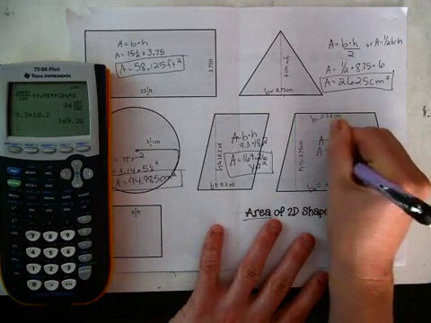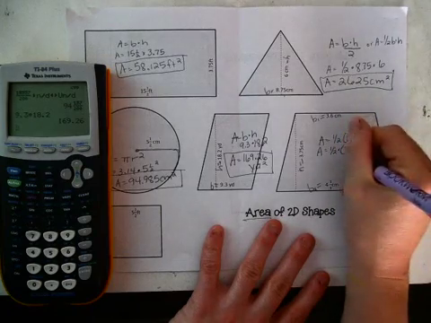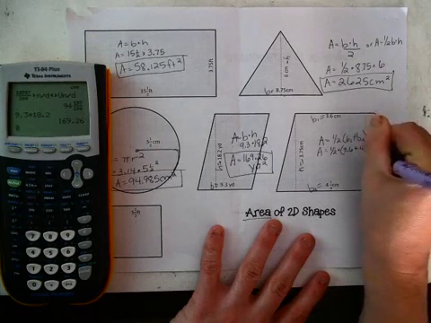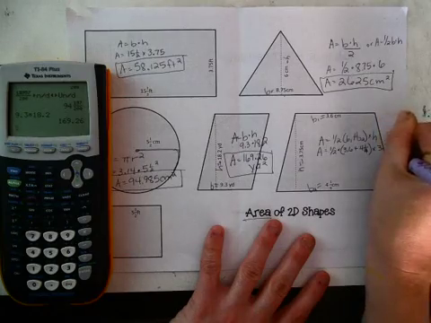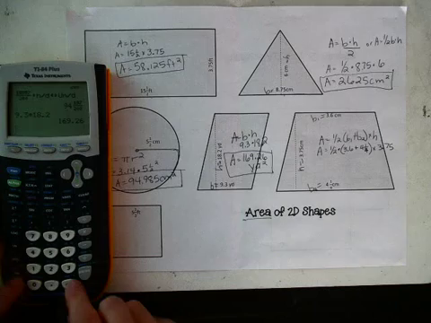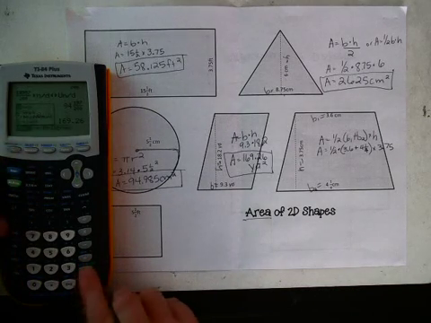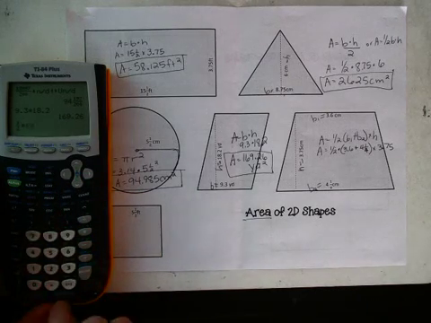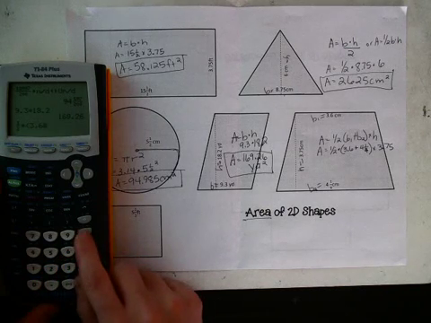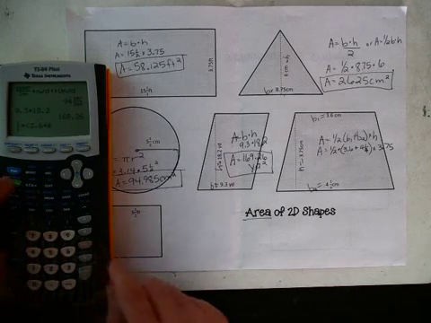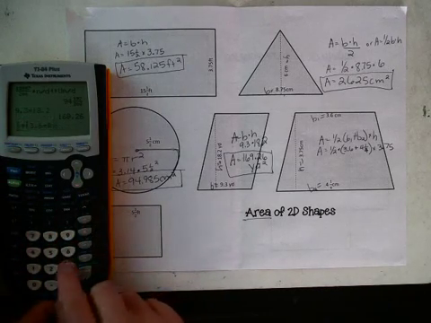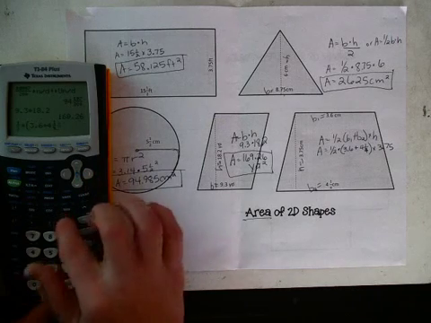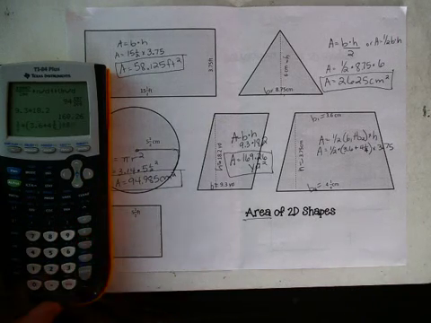So, type it in: 1/2 times parentheses 3.6 plus 4 1/4 close parentheses times 3.75.